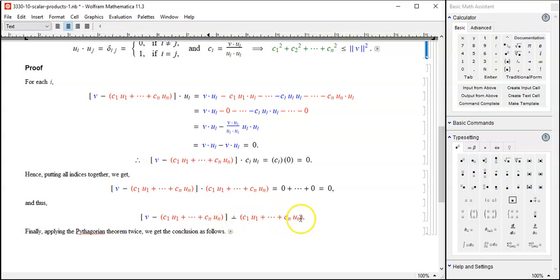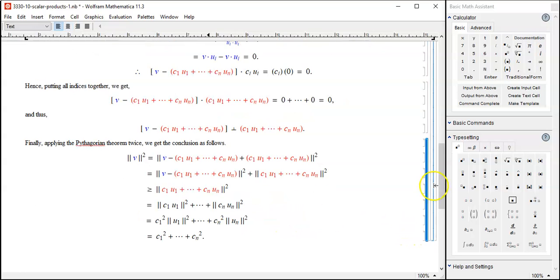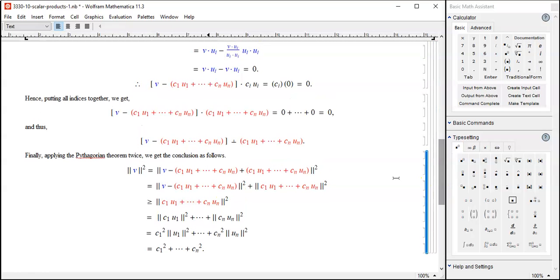Okay, now that we got this orthogonality, we can use this to set up a Pythagorean theorem here. v squared is v minus red plus red. We subtracted and added the same thing, so no change here. And then from this orthogonality, we can use this: first squared plus second squared is equal to hypotenuse squared.